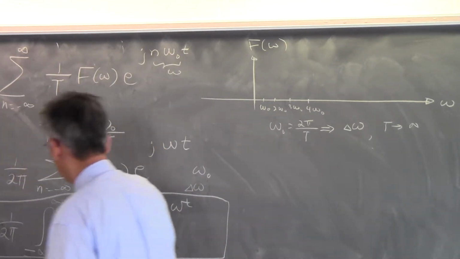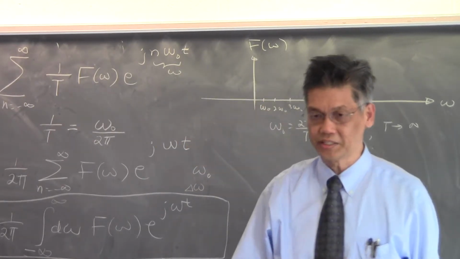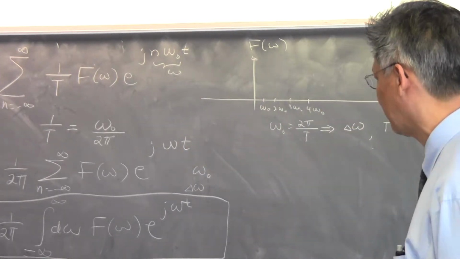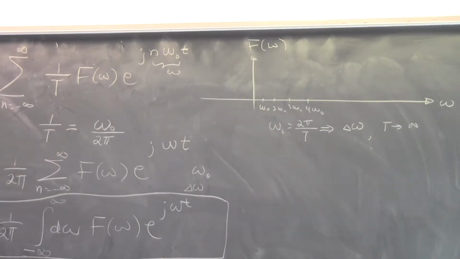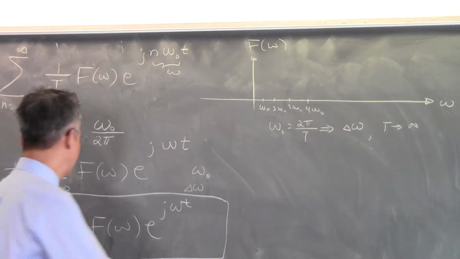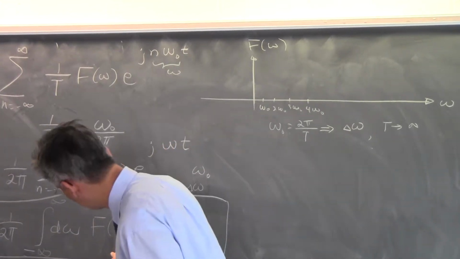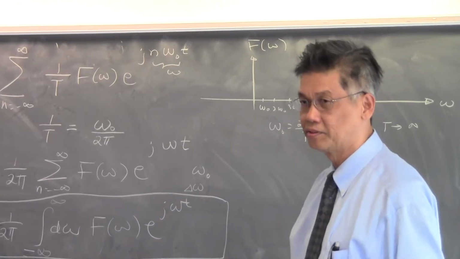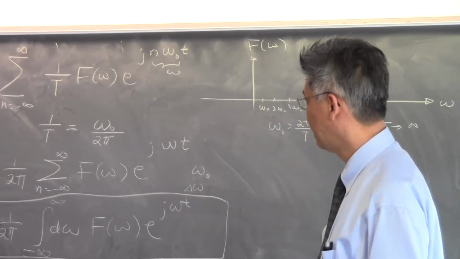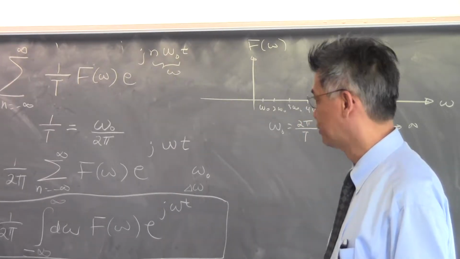So these are two very important relationships in Fourier transform. They go back and forth between each other. Once you know f of t, you can find capital F of omega. Once you know capital F of omega, you can find f of t. These are called the Fourier transform pairs, and they actually follow from Fourier series.